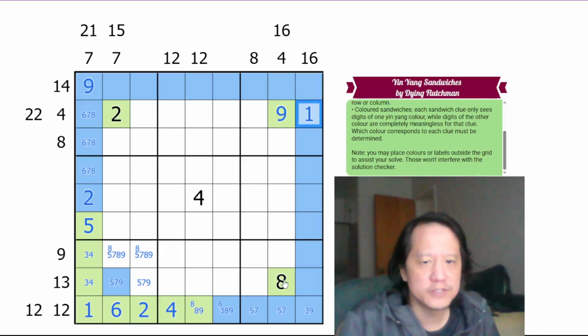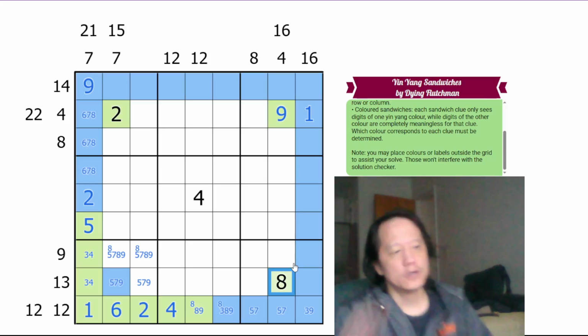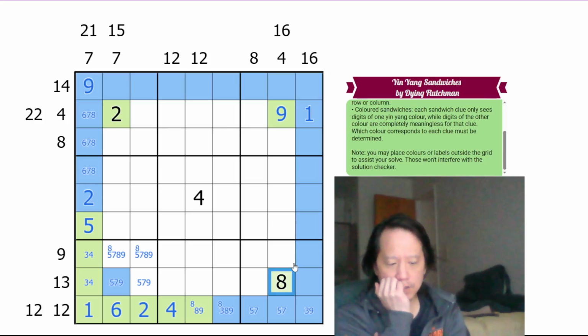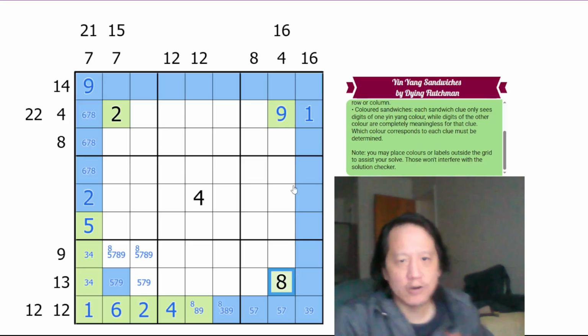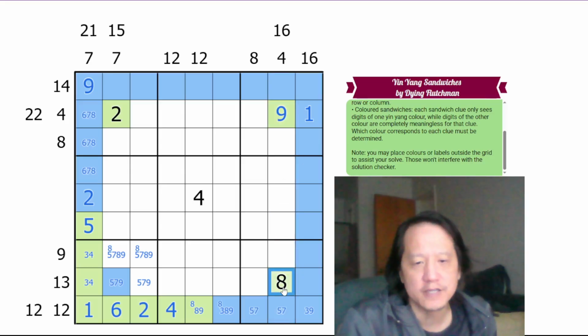But we're missing 8. Does that work? Yes, because the outside crust could work here as 8, 5, 9, and 1, 2.